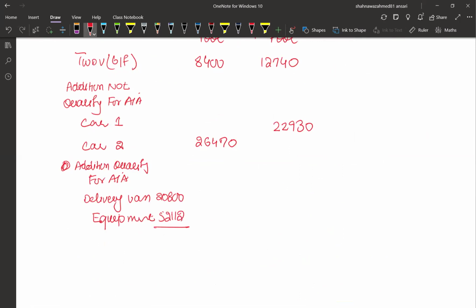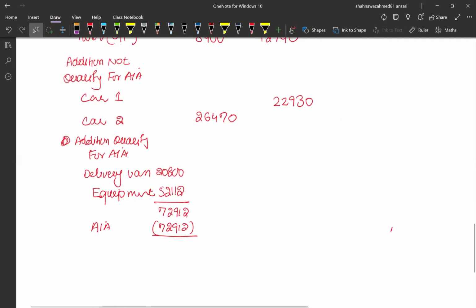The whole value is 72,912. AIA is 1 million for a 12-month period of account. So the full AIA is available, and that would be transferred to the allowance column. As a result, the value is 0.